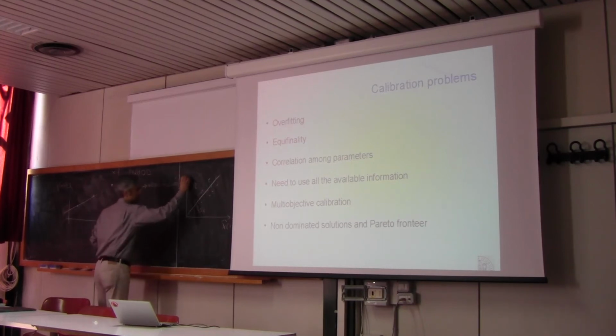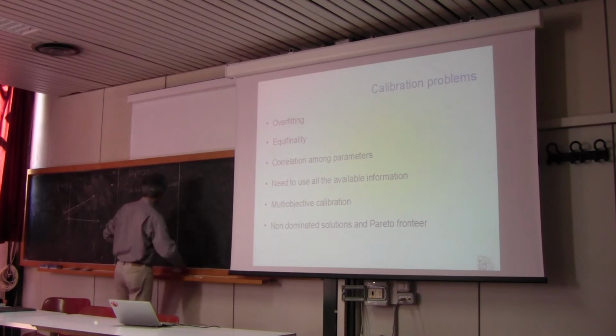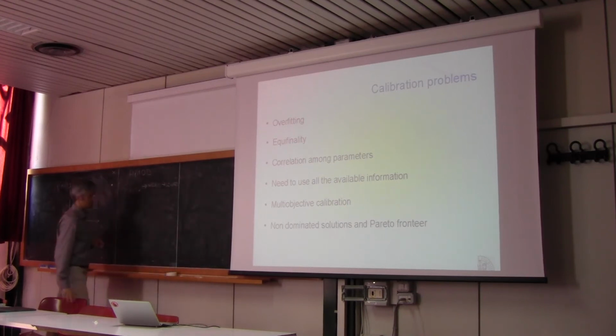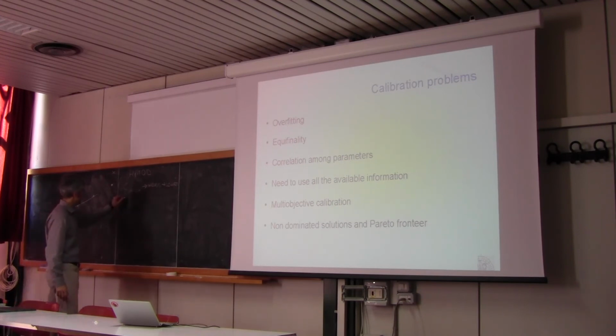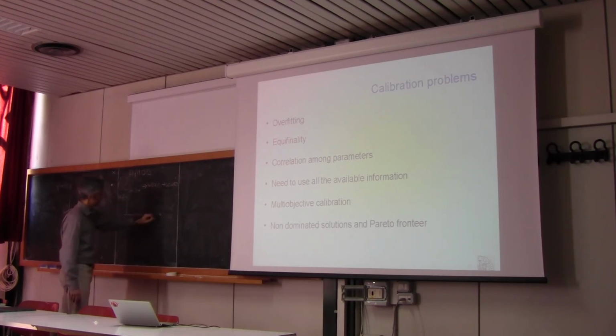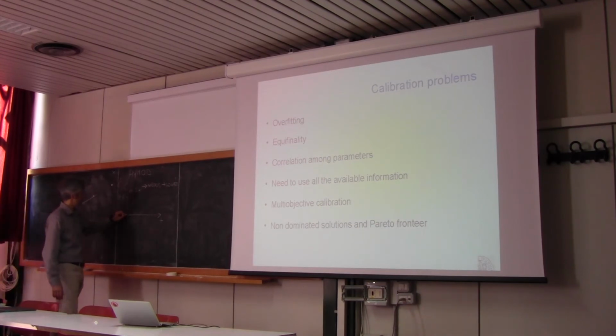What happens? Then you apply your model, and here you have the rainfall that you put in input to the model. So this is your P of t, and this is t. Let's say that this is rainfall intensity.